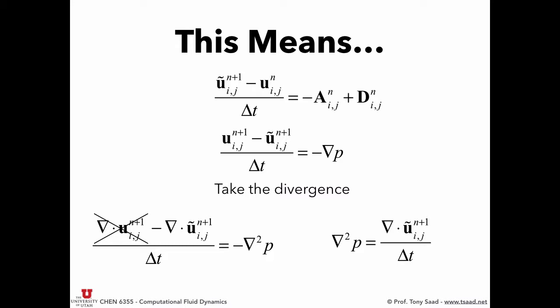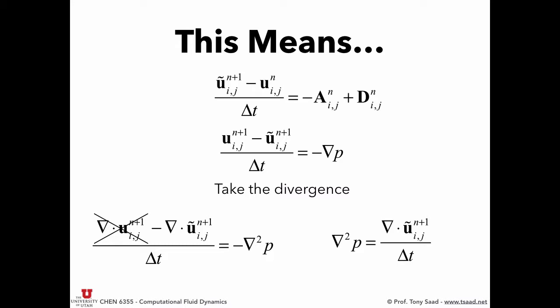Then we said, OK, we're going to use the pressure to correct U tilde in a way that produces a velocity field that is divergence-free. We showed the Helmholtz decomposition that mathematically enables us to do this. We write u^(n+1), which is our true velocity field that we want to be divergence-free, minus the provisional velocity field, over delta t, equal to minus grad p.